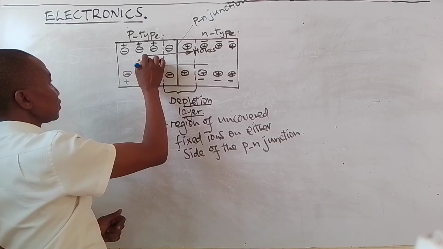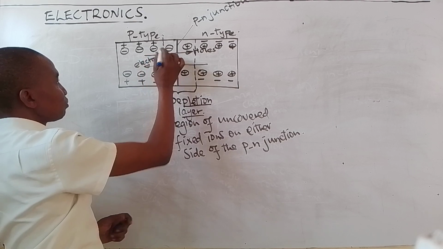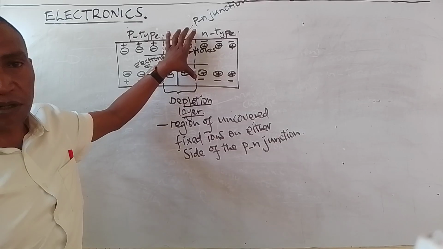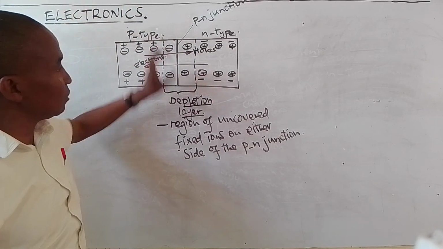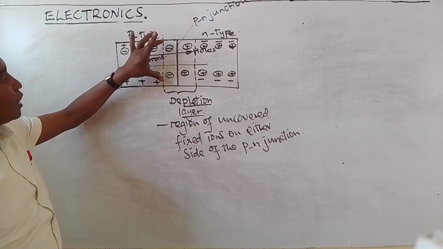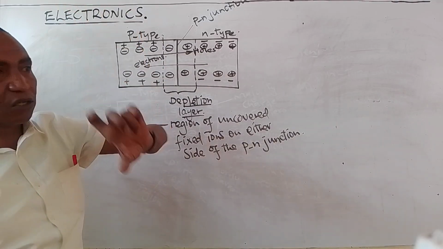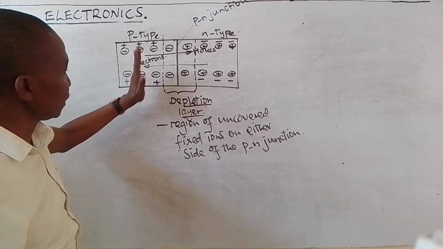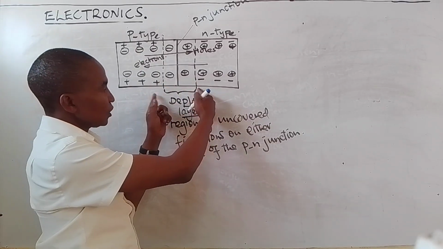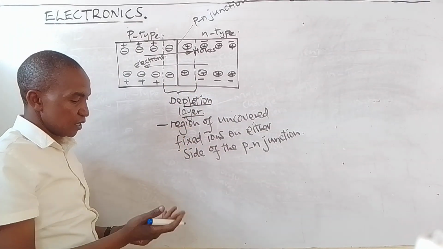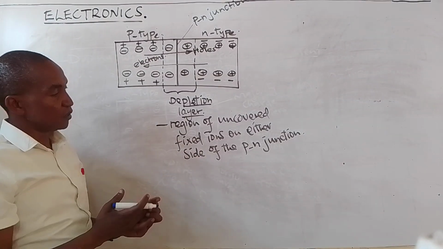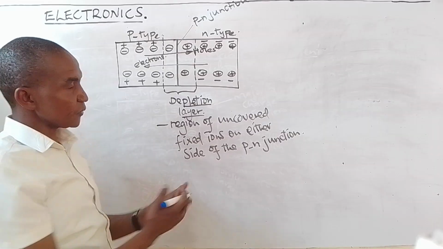These are electrons. So that depression of charges will result in us having fixed ions with no covering electrons in the n-type, as well as negative fixed ions with no covering positive holes in the p-type region, creating what is called a depression layer. That was our lesson for today.